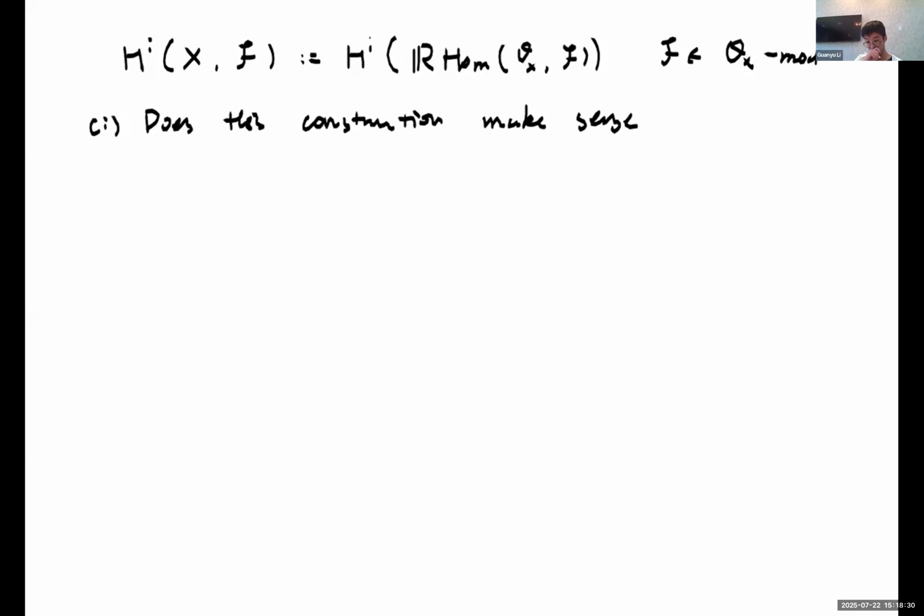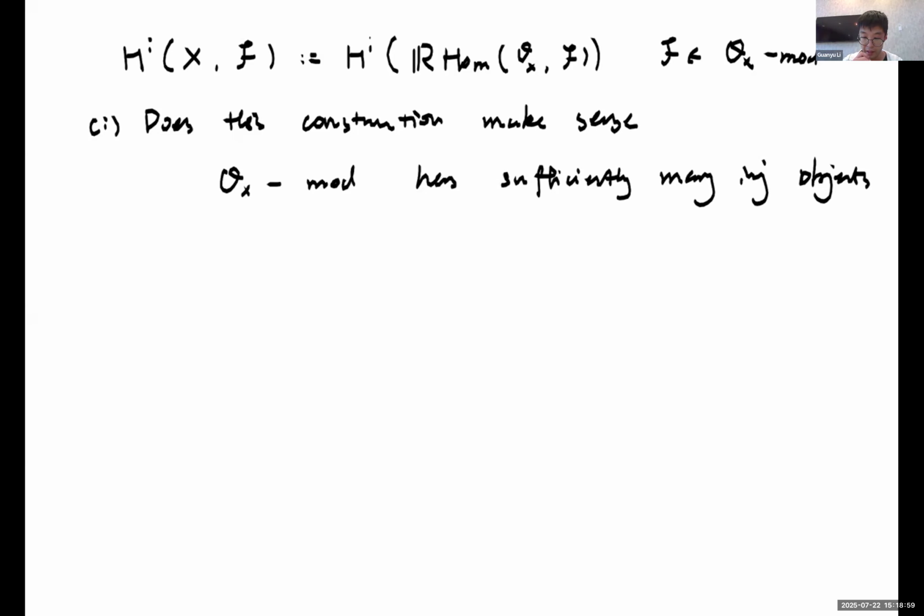The answer is okay. Meaning, how do we construct the cohomology? It is because this category of OX modules has sufficiently many injective objects.